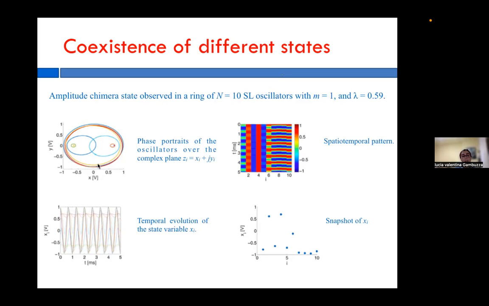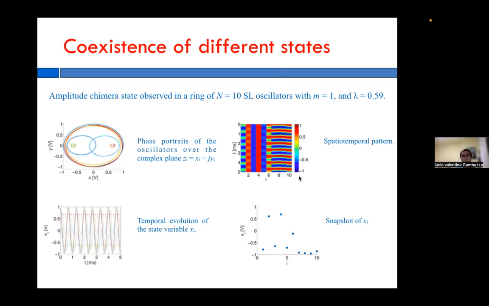We have plotted the two variables, x and y, in the complex plane. From this picture it is clearer how the amplitude chimera behaves. We have the big circles, which correspond to the biggest amplitude, and different circles with different amplitudes in our system.